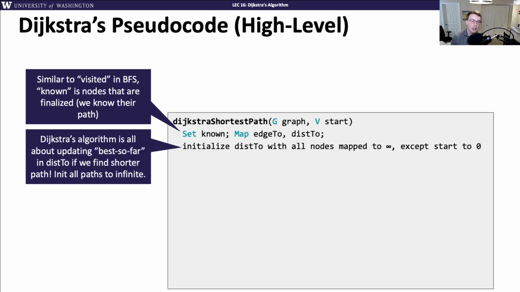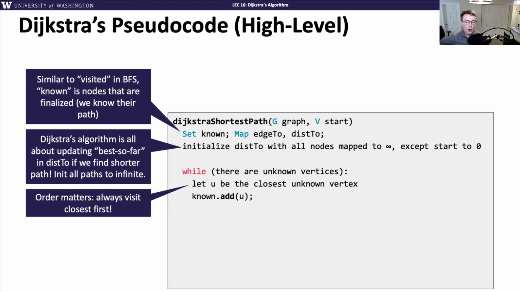We start by initializing that dist2 map to have all nodes with distance infinity, except our starting node, which we're going to set to 0. The key idea for Dijkstra's algorithm is that we're updating what we think is the best distance so far, and that dist2 map is going to store that. If we ever find a shorter path, we'll update dist2 and edge2 accordingly to say, hey, we found a shorter path to this node. Let's not add it to our known set quite yet.